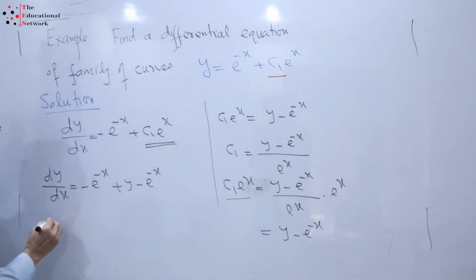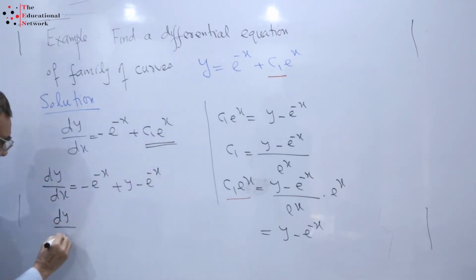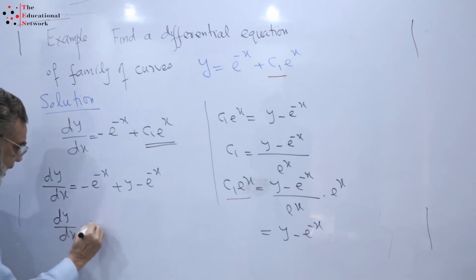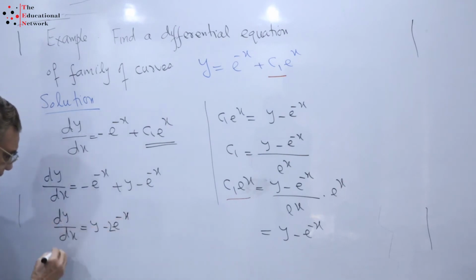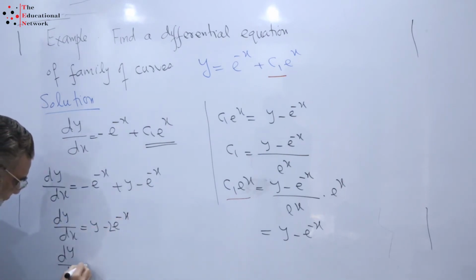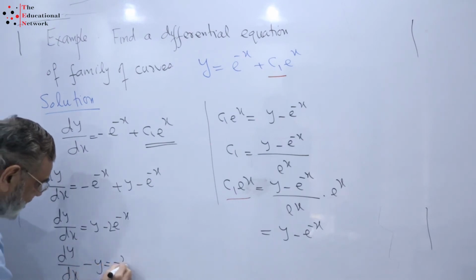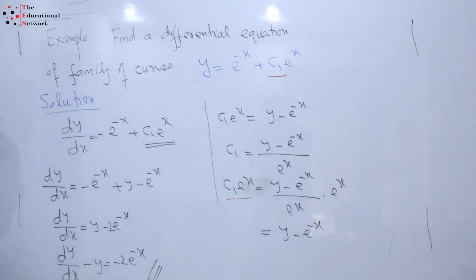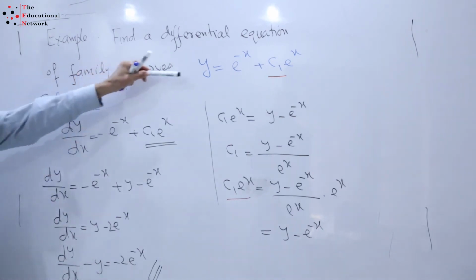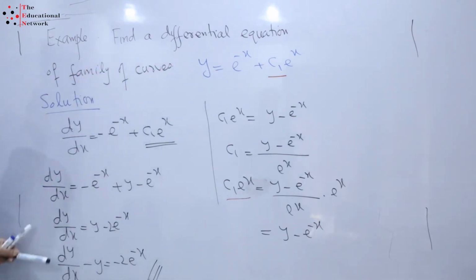So simplify this one, I get dy by dx is equal to y minus e to the power minus 2 e to the power x. Take y to this side, we have the variable y on one side, and the variable independent of y on the other side. So that's my differential equation. I removed my arbitrary constant, only one arbitrary constant, so my differential equation is of order 1.